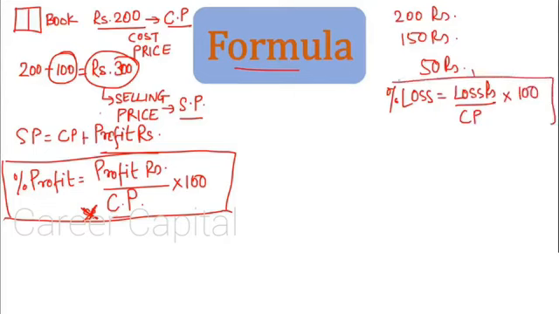This is same as profit, only instead of profit we write loss, and loss and profit are always calculated in relation to cost price. Cost price will always be in the denominator, not the selling price, right? So these are the two formulas which are very important, and all the sums related to profit and loss can be solved using those. However, apart from these, there are some other basic things which you should know.